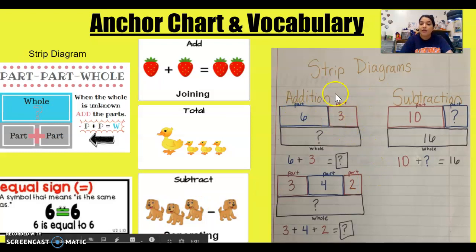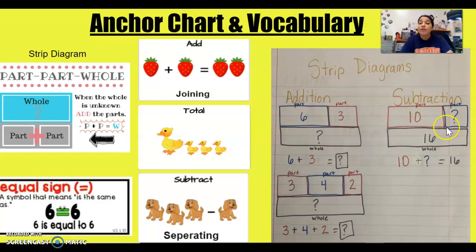In our strip diagram, we are going to focus on our subtraction problem since we will be doing a subtraction problem today. Our first part we have is 10. And then our second part we have is 16. So we have our whole number and we have one of the parts.